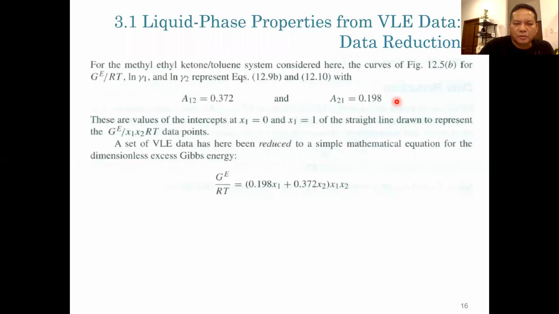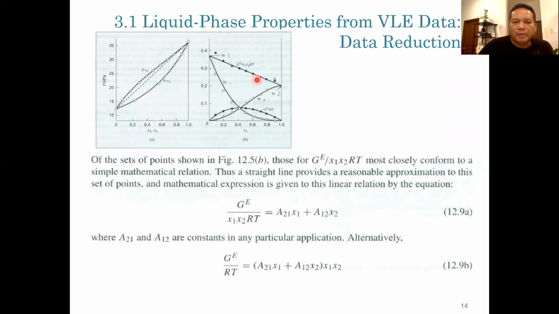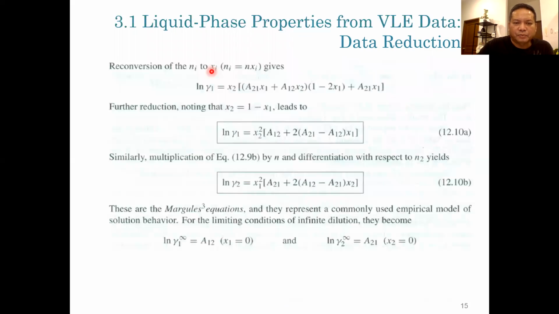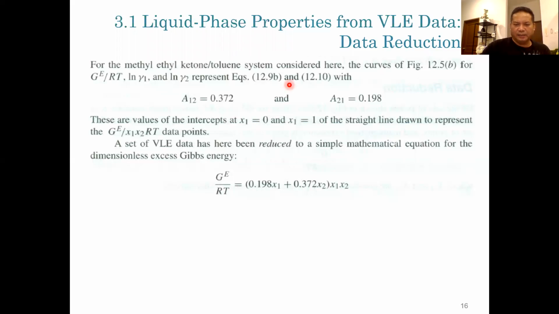So for A12 over here, when it's pure species 2, it's 0.32. When it's pure species 1, it's 0.198. So we can rewrite this equation again into that simple form.